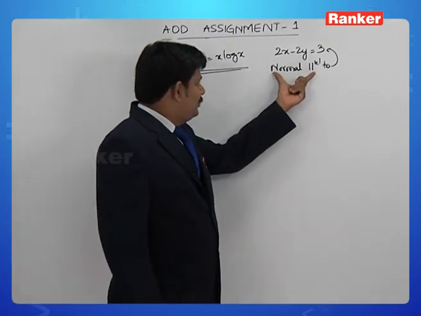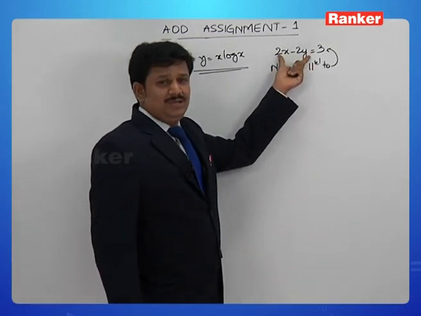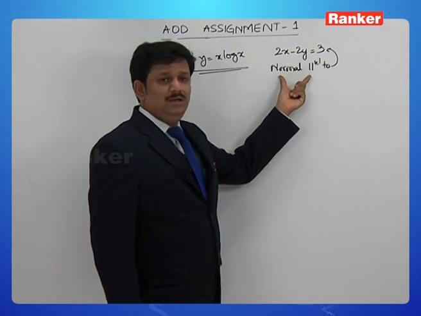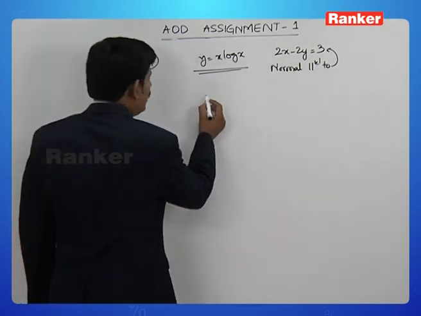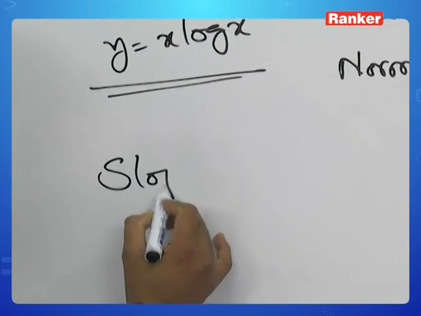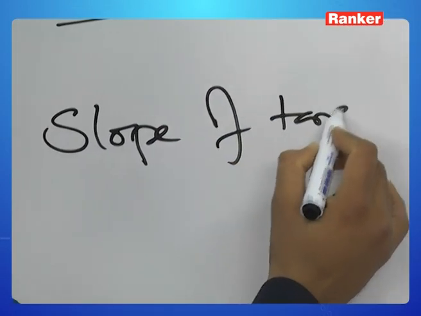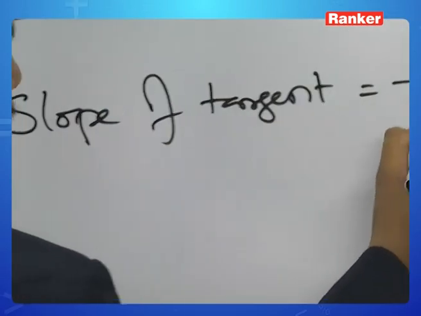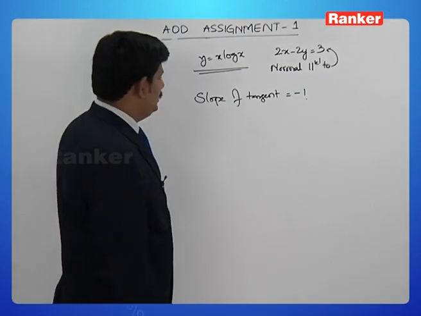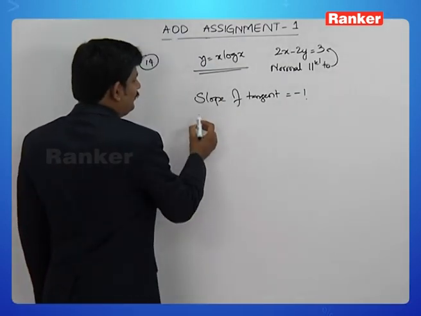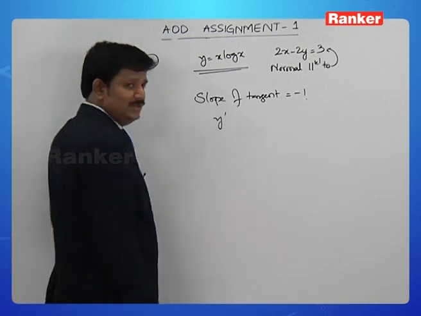So, for the normal to be parallel to 2x minus 2y equal to 3, the slope of the normal should be 1. Slope of normal is 1, or slope of tangent should be minus 1. The slope of the tangent is given by dy by dx.